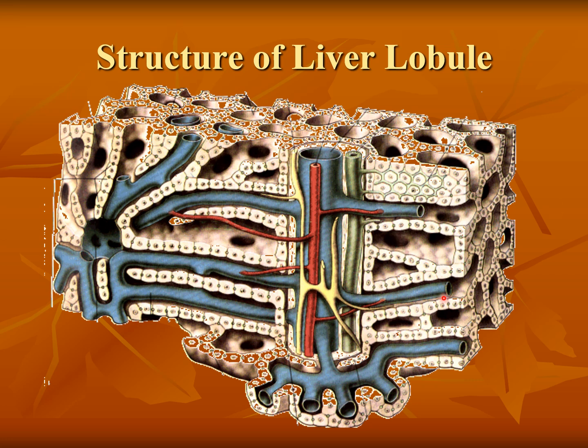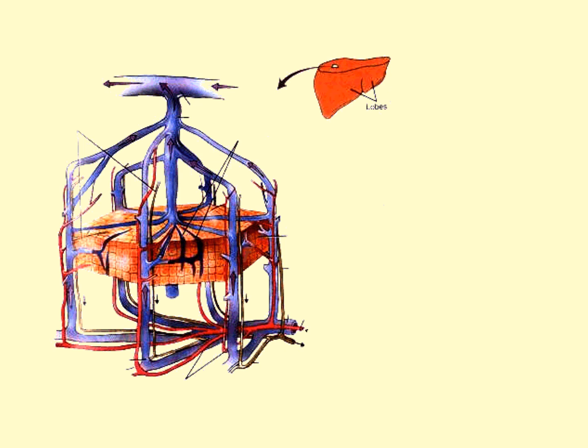Here is the three-dimensional view of the central vein and portal triad, with the hepatic artery, vein and duct. This is also a three-dimensional view. From this central vein it forms a vein and drains into the inferior vena cava.